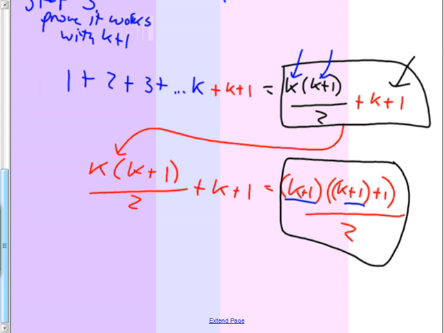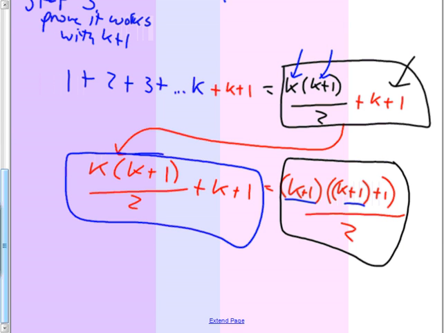That's the thing we have to prove now, is that this piece right here will simplify on down and become the same as if we had replaced k with k plus 1.